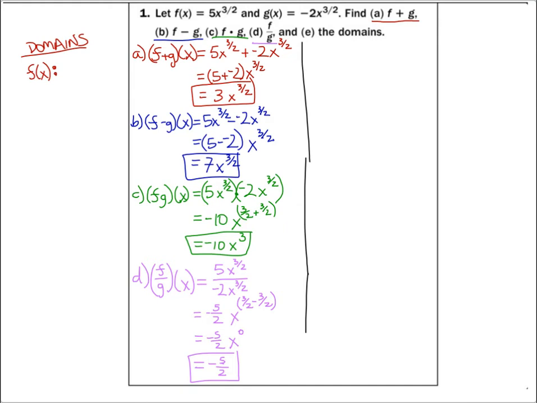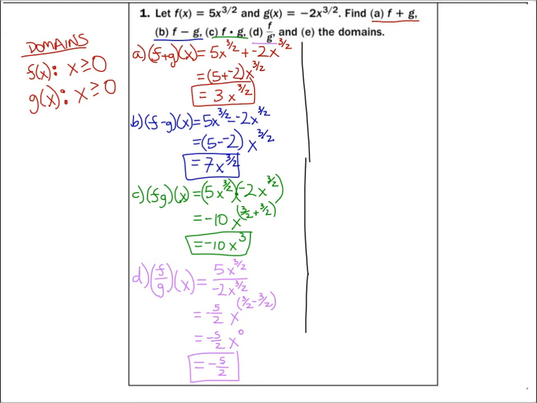So for the original f, which is x to the 3 halves, remember that was something with a square root in it because of the over 2. That's a square root. So that means the numbers have to be greater than or equal to 0. For g, it's pretty much the same thing. It's the same exponent. That's what's affecting the domain. So it's also x is greater than or equal to 0.